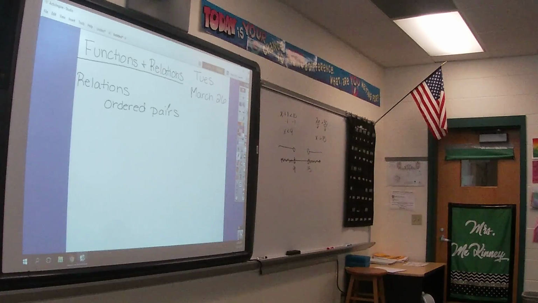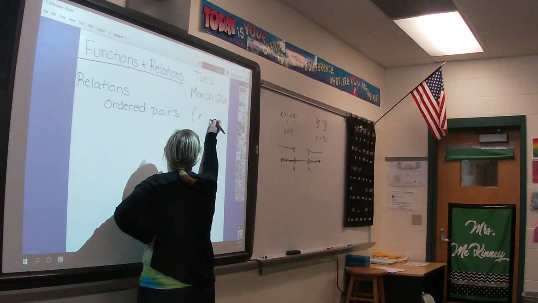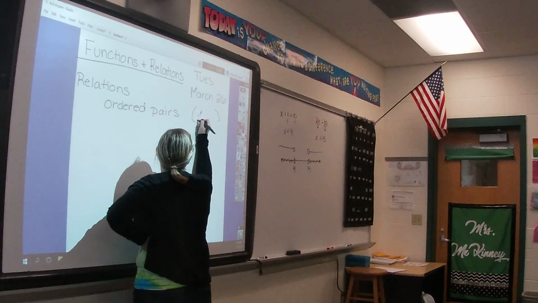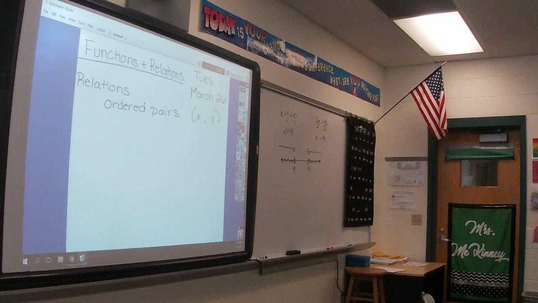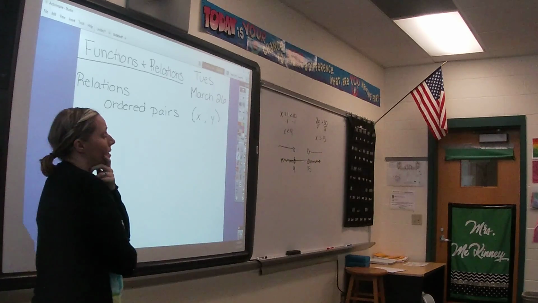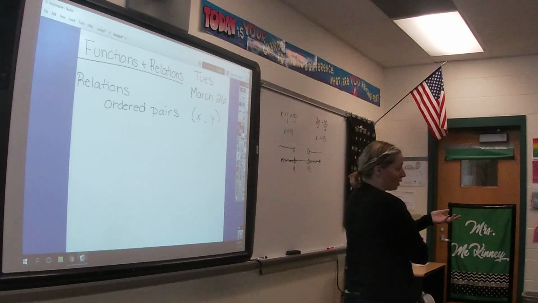Right? Ordered pairs are when we're writing something with an x value and a y value in parentheses, right? We have an x coordinate and we have a y coordinate. So this relation that we're talking about could represent something that we might commonly hear about.